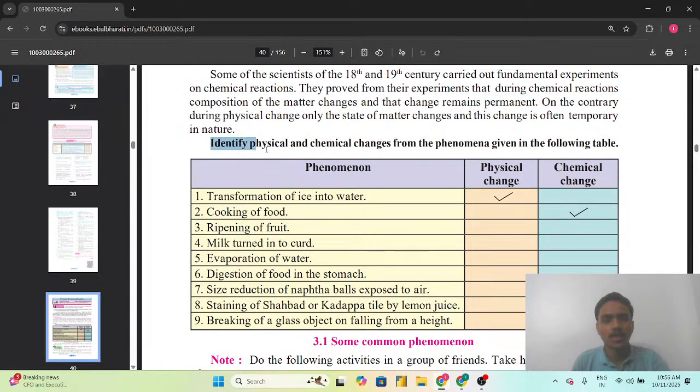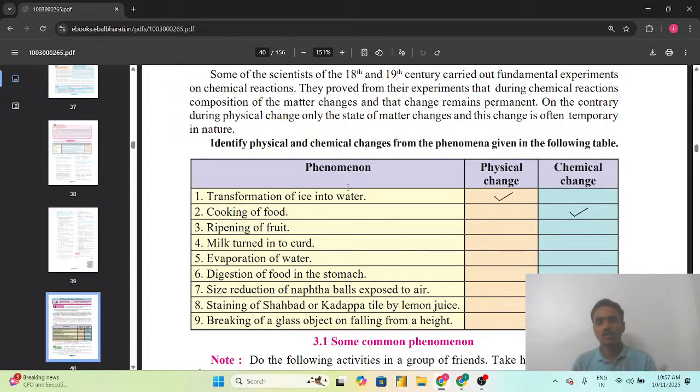So here we are asked to identify physical and chemical changes for the phenomena given in the table, checking whether each is a physical or a chemical change. Transformation of ice into water is a physical change, which I have already explained. Cooking of food is a chemical change.